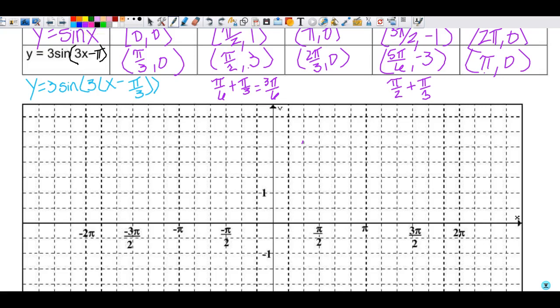When we graph this, I get pi thirds. So I have to figure out where pi thirds would be. Think about the unit circle. Just the first quadrant might be easier to look at.